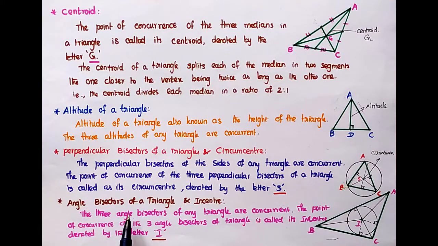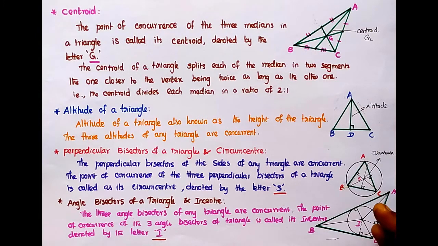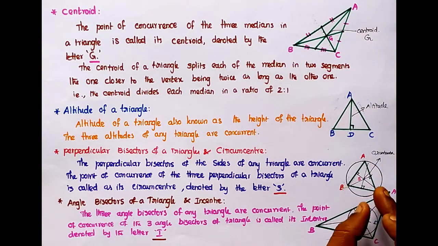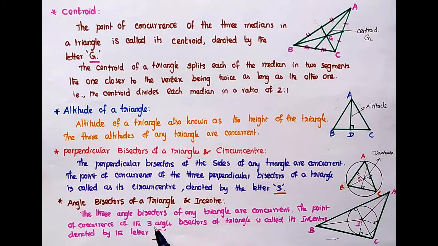An angle bisector of a triangle and incenter. The three angle bisectors of any triangle are concurrent. The perpendicular bisector divides the line into two segments, but an angle bisector divides the angle into two parts. It bisects the angles.